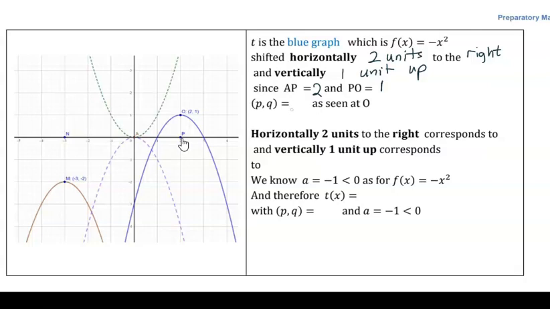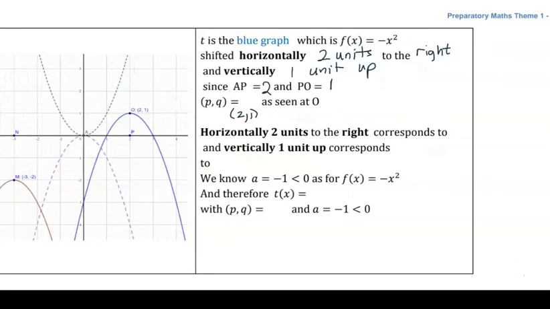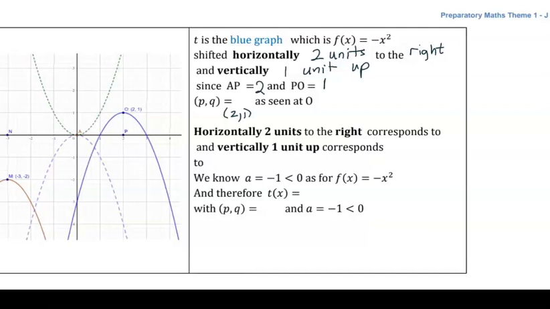PQ is equal to 2, 1, which can be seen there at the point O. Horizontally 2 units to the right corresponds to a P value which is equal to plus 2, which is positive. And vertically 1 unit up corresponds to Q, which is equal to plus 1, which is also positive.